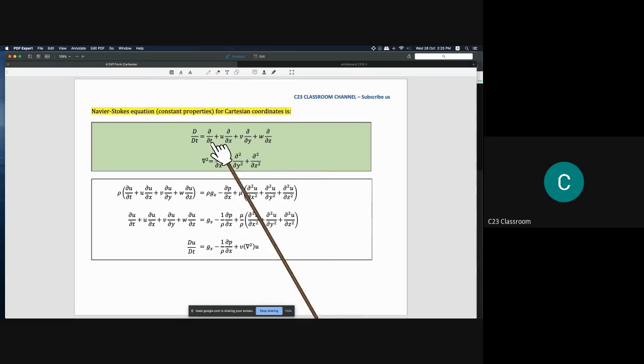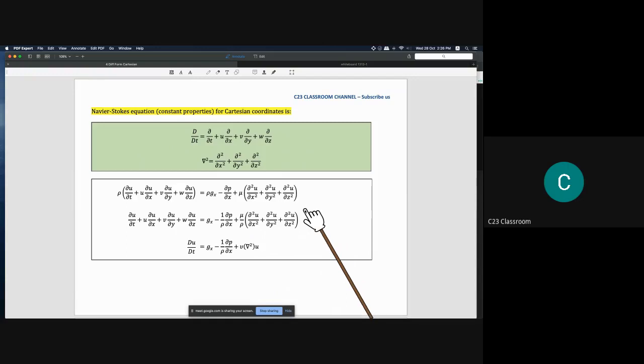Because the equation is long, the mathematician simplifies it as a lambda, and simplifies it as the capital D here, and the lambda is the simplification for del over del x plus del over del y plus del over del z.